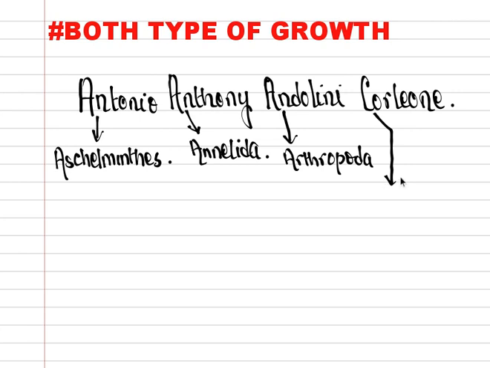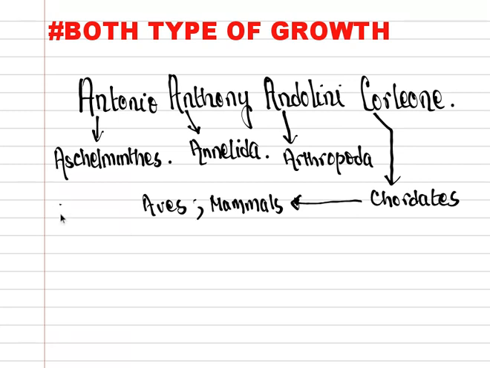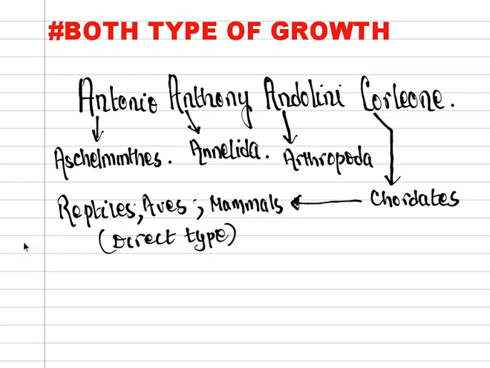C for chordates. Chordates are a mixed bag condition, because we have seen in our case, that is humans, mammals, aves or birds, reptiles, they all show direct type of development, and fishes also, pisces, both the bony fishes or osteichthyes and cartilaginous fishes, that is chondrichthyes.